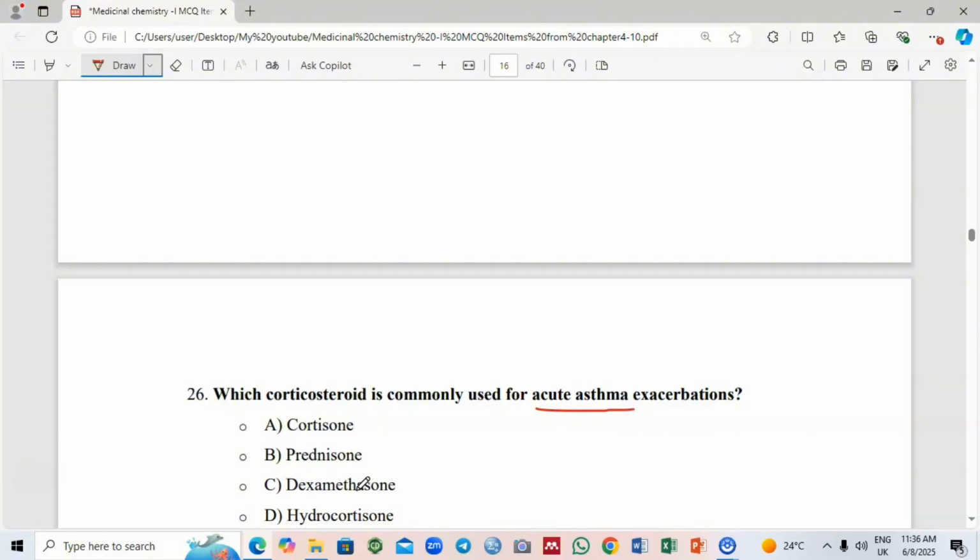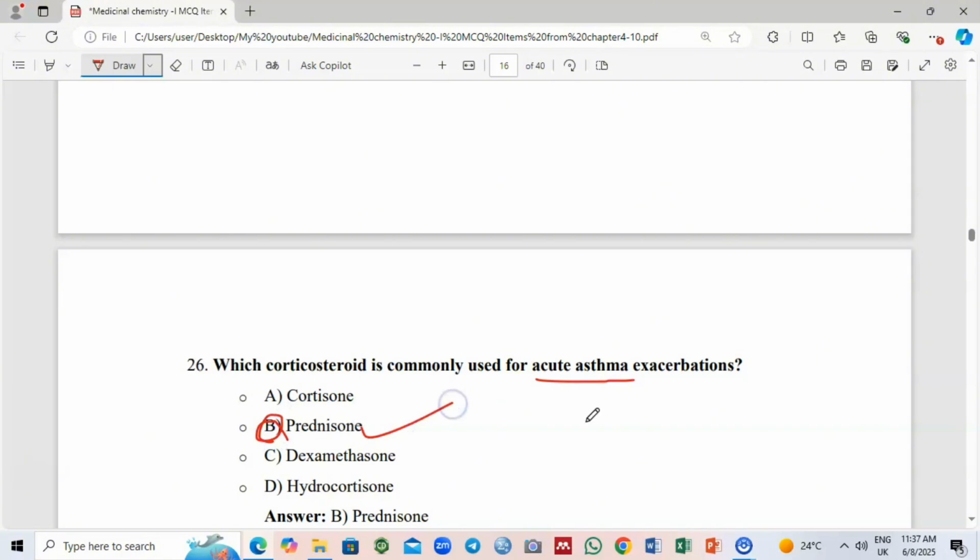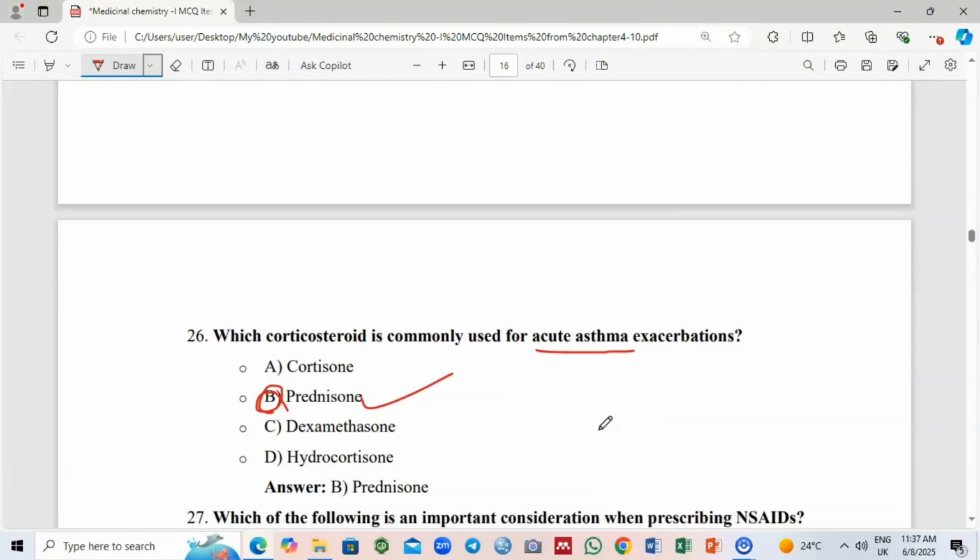This acute worsening of asthma symptoms is characterized by breathlessness, wheezing, coughing, and chest tightness. Therefore, among the treatments used for acute asthma exacerbation is the drug known as prednisolone.